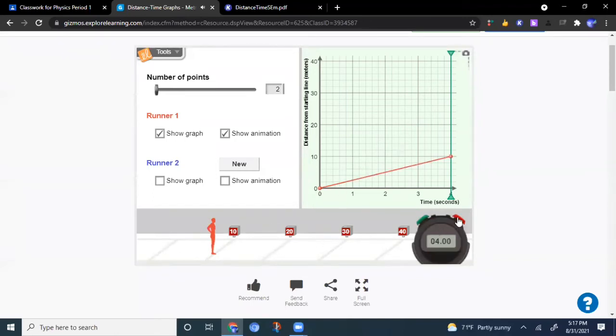So if we start with a graph like this, you can see the runner is going very slowly to 10 meters. Notice the steeper the line, the faster the runner.